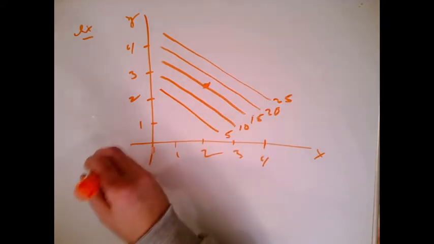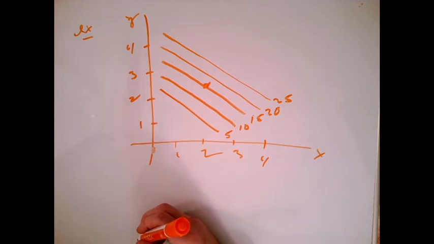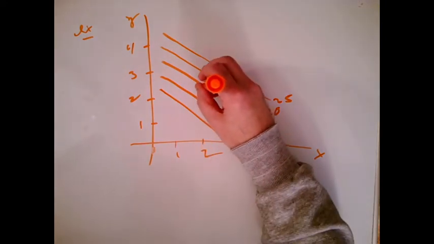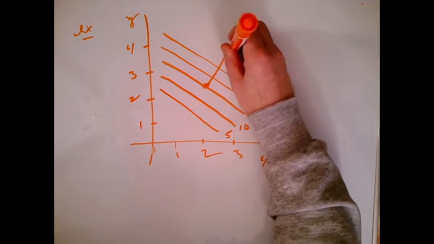I can do that by pointing in the direction of decreasing z. I know how I can make the z values not change at all: just point in the direction of the contour. If I want to point in the direction of greatest increase, I need to get off that contour as quickly as possible and point in the direction of increasing z, right?